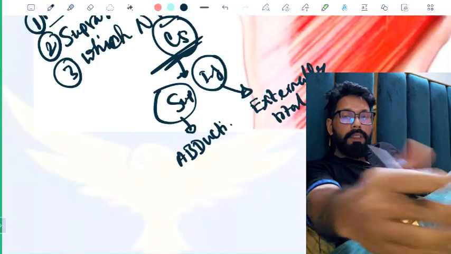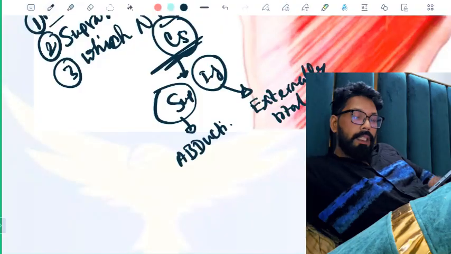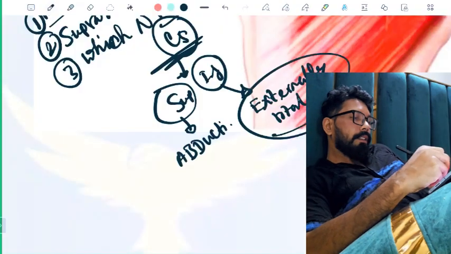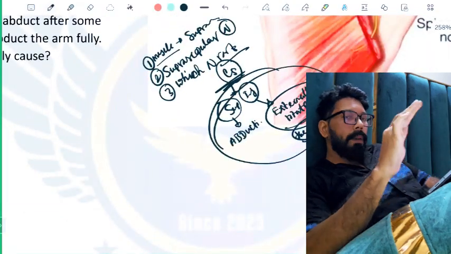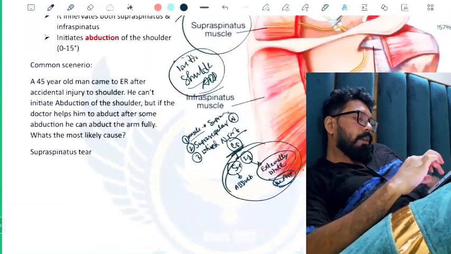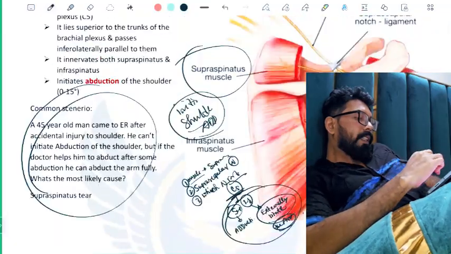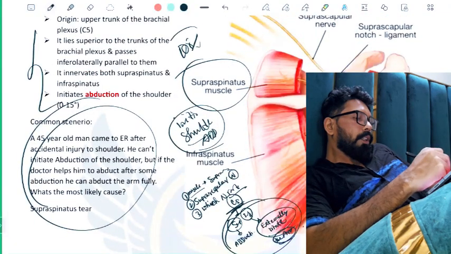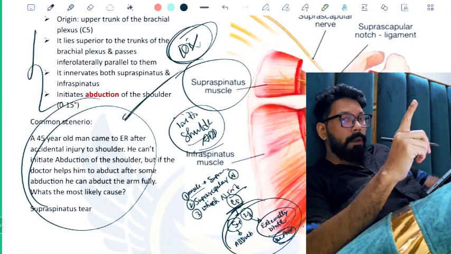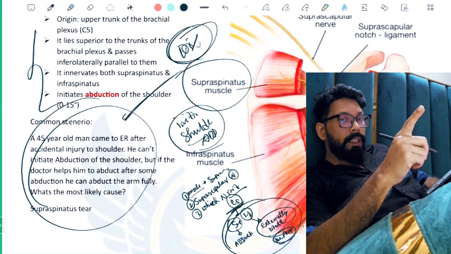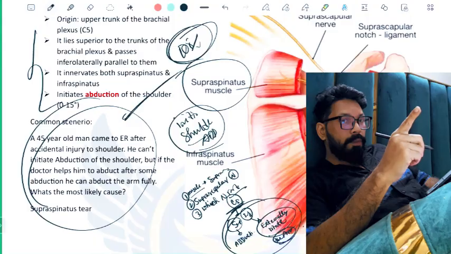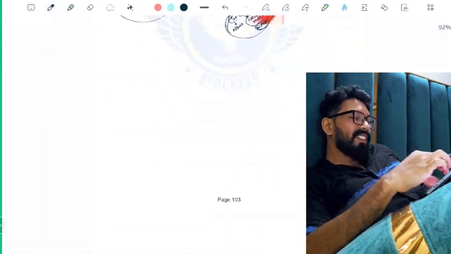The person cannot do this. Okay, so these two will happen in case of C5 paralysis. Now, this is the scenario. Everything is written, and all these things I have told you are 100% important. You must remember all of these things line by line. Otherwise, I will come and get you. Okay, I will not. Don't worry about it.